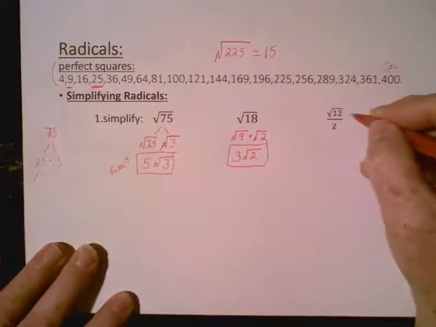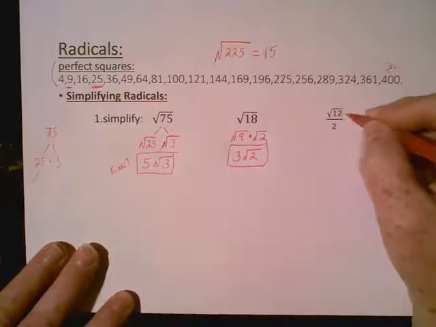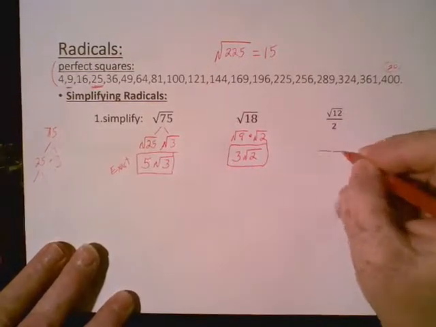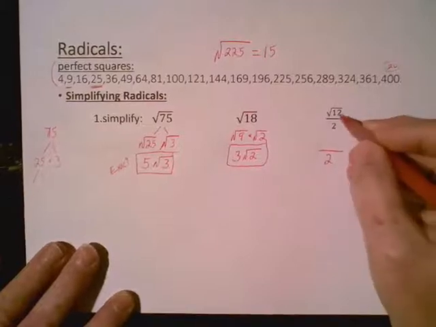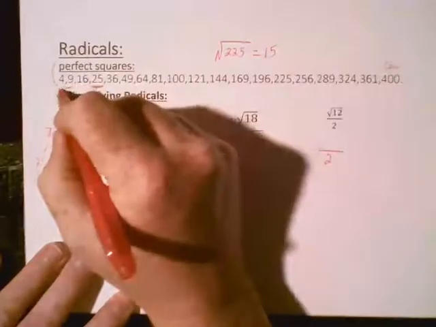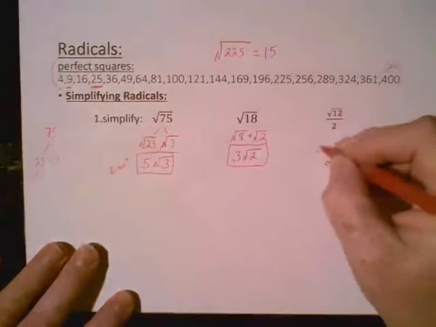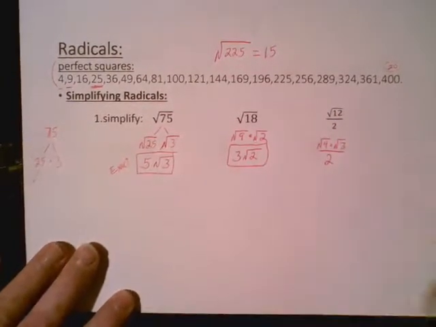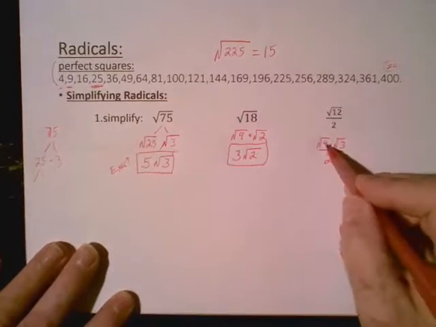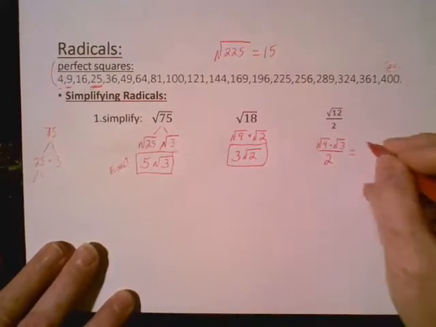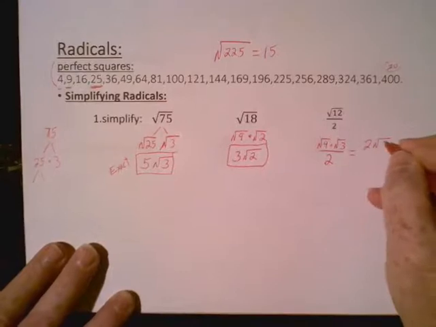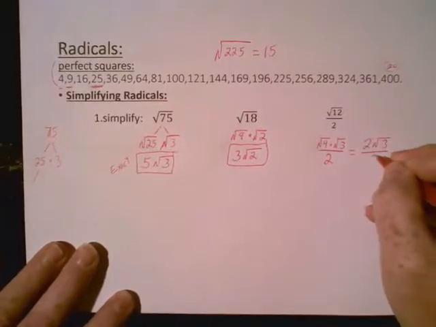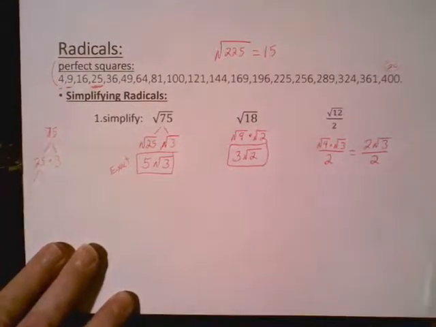So what you've got to do here is try to break down just this top, and I'm going to leave the 2 on the bottom. That top will break down, since 4 is a perfect square number that will go into 12. So the square root of 4 times the square root of 3. Well, the square root of 4 is 2, so you end up with 2 times the square root of 3, still over 2.